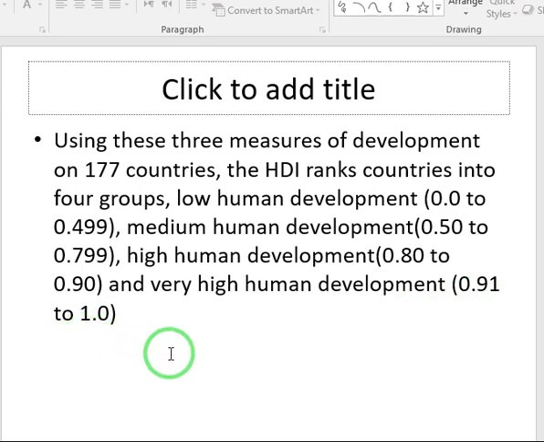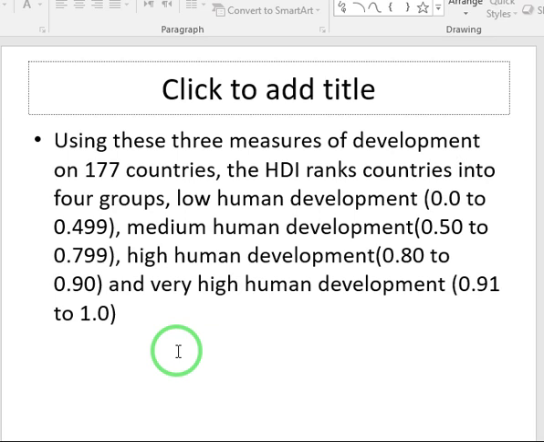Now I'll be sharing some screenshots of tables with you in the group, and you can watch those tables and clearly identify whether a country is a low human developed country or a medium human developed country, and you can also calculate the HDI on your own.